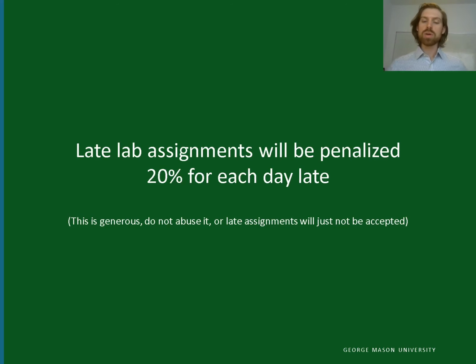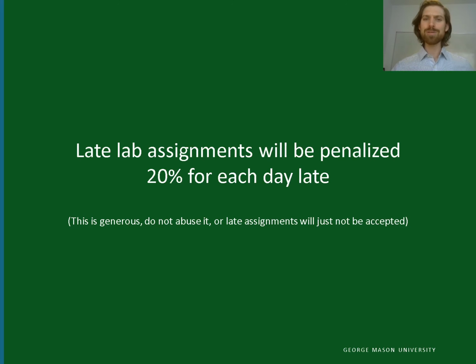As you know, I'm new. This is the first course that I've taught at GMU. So I've followed the policies that other professors are using. Other professors are essentially saying that a late lab assignment will be penalised 20% for each day late, starting from the time at which I expect you to submit it.